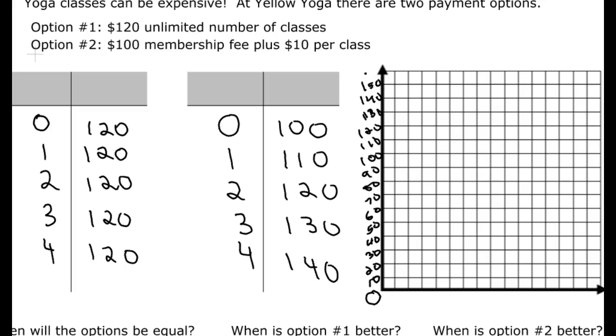Count by 10 when you do it, okay? I'll let you finish it up. And put in the title, the units, and everything. Let's finish that up. I'll pass out your homework in a moment.